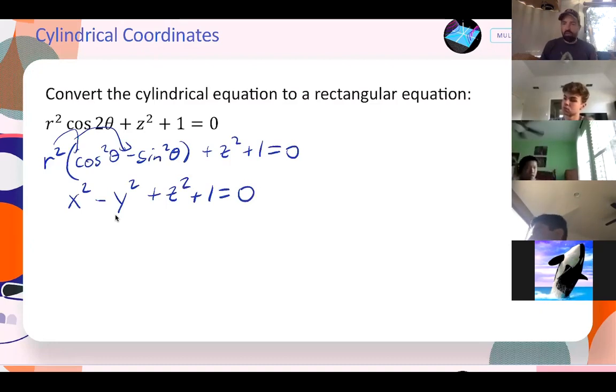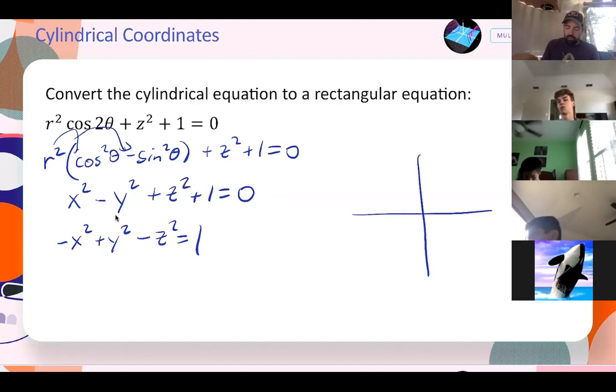If we wanted to put that in a more recognizable form from yesterday, this would be negative x squared plus y squared minus z squared equals 1. That's one of our quadric surfaces. And notice it's like an ellipsoid, except 2 of the terms are negative, which means it's a hyperboloid of 2 sheets.